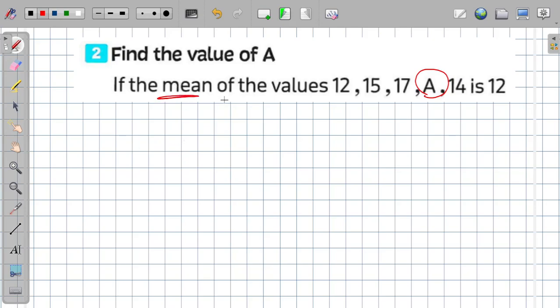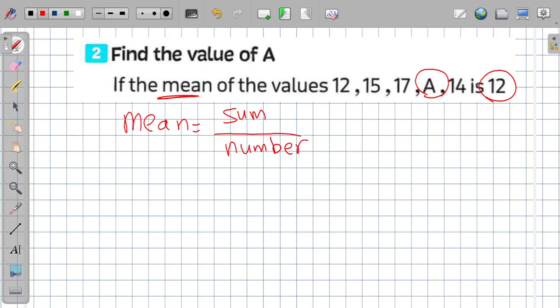The mean here of these values is equal to 12. So I will say the mean equals the sum of all values divided by the number of these values.